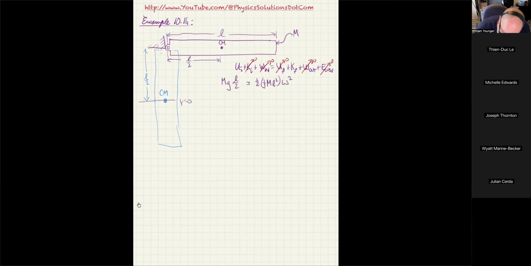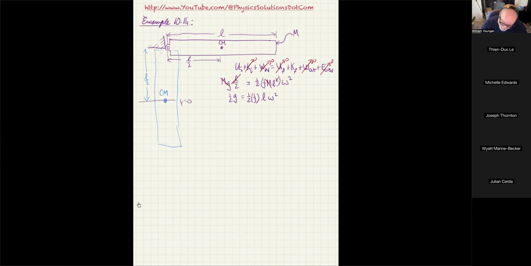Now, what we can see is the m cancels out on both sides, but we can also see that the L cancels out with one L over here, and that's sort of helpful. But we can go ahead and calculate what the angular velocity will be at the end, and what we'll see is we're going to get g times 1/2 is equal to 1/2 times 1/3 times L times omega squared.